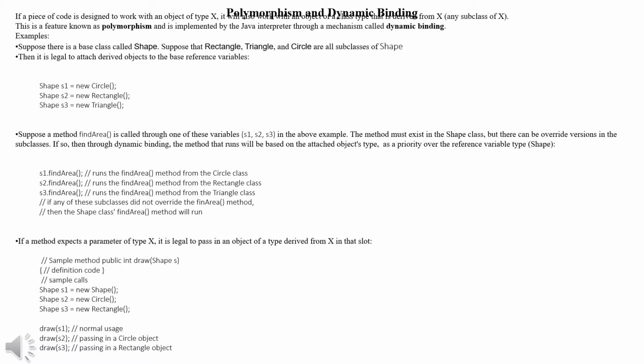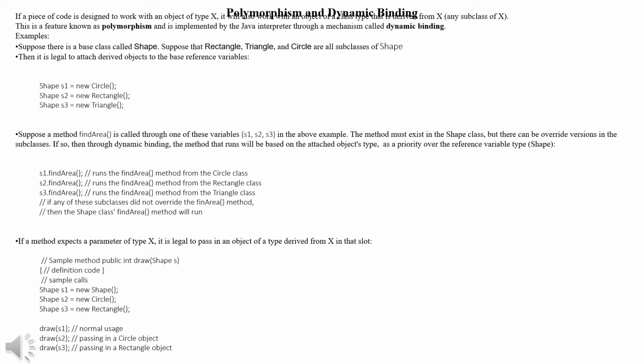For example, consider that we have a class named shape. This class will be our superclass. Then we have rectangle, triangle, and circle as our subclasses, right? We can create objects from each of these subclasses.